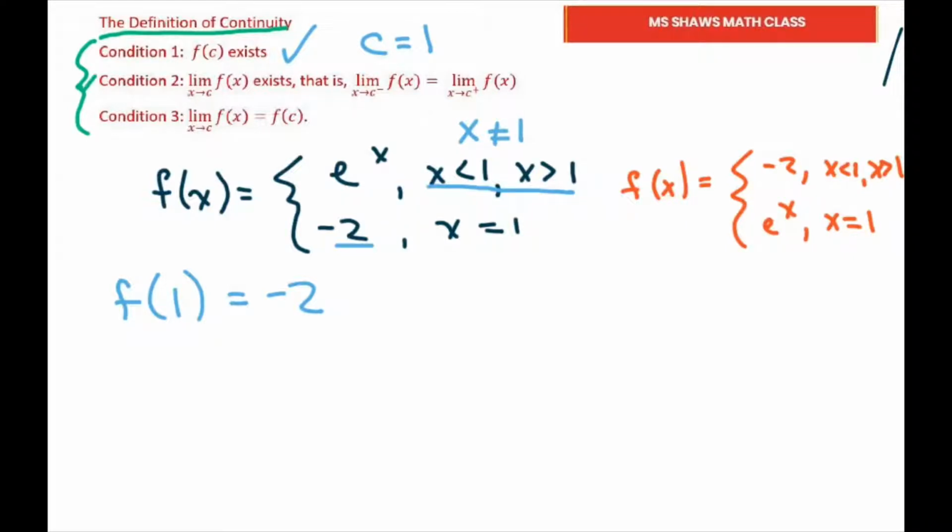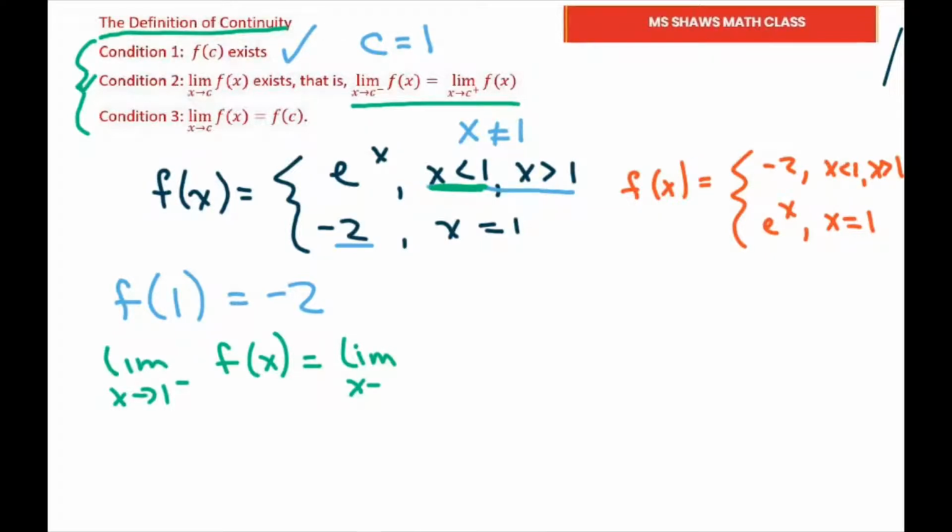So condition 2, that means we have to test the limit as x approaches 1 from the left. That means this portion. That should equal the limit as x approaches 1 from the right, and that's this portion.